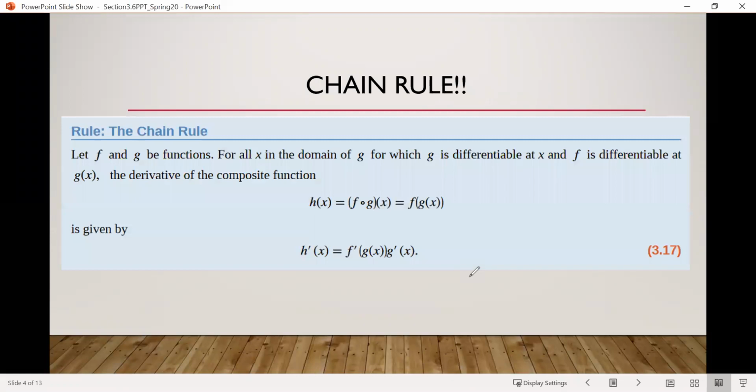Well, this is where the chain rule comes in. Let's suppose f and g are functions, and that for all x in the domain of g for which g is differentiable, f is also differentiable.